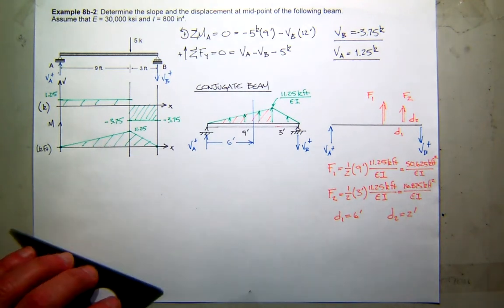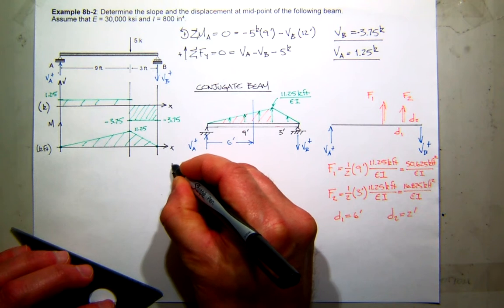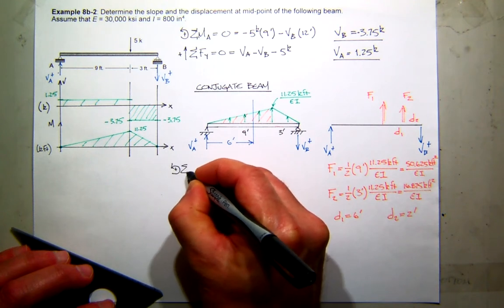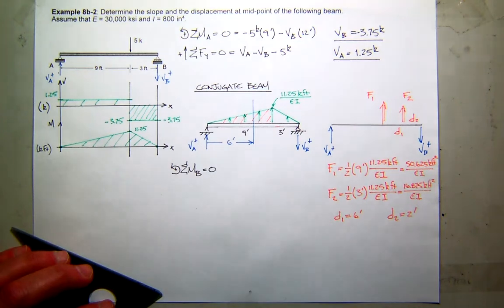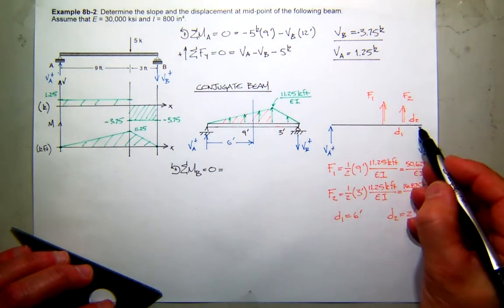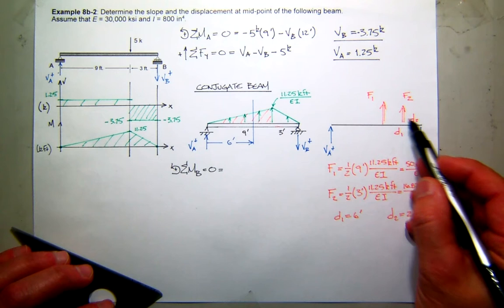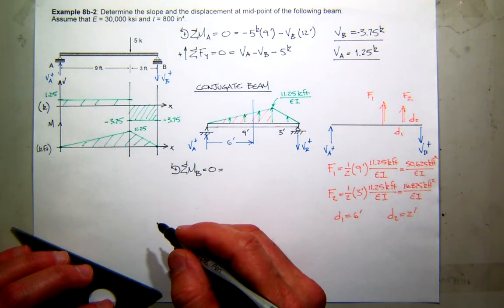So you take the moment at B? That's what I'm going to do. I'm going to sum moments at B and put it equal to 0. About B, both F1 and F2 create what kind of moment, positive or negative? Negative, right?